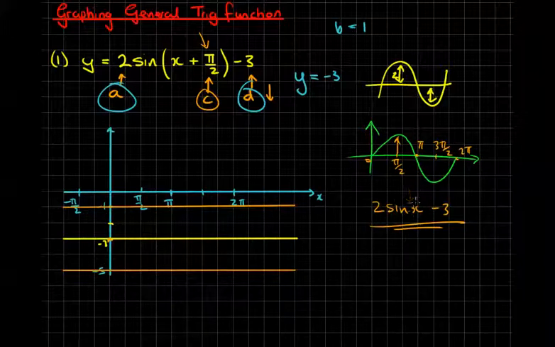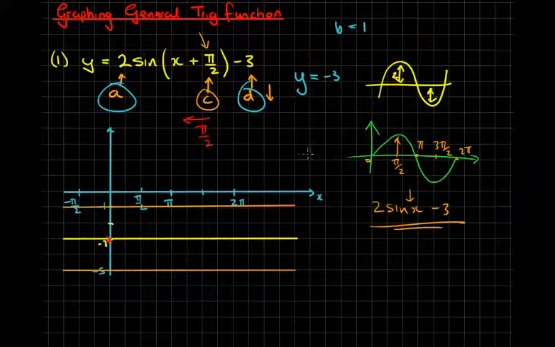Let me do it in red: you'd start it here, and then go up, down, and so on, and end at 2 pi, but 3 places below, with the hump a little bit higher. But this plus pi over 2 moves the whole thing pi over 2 to the left.